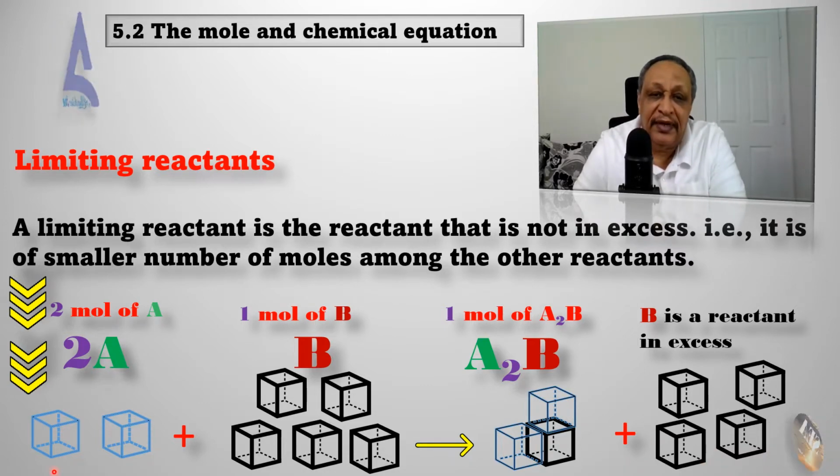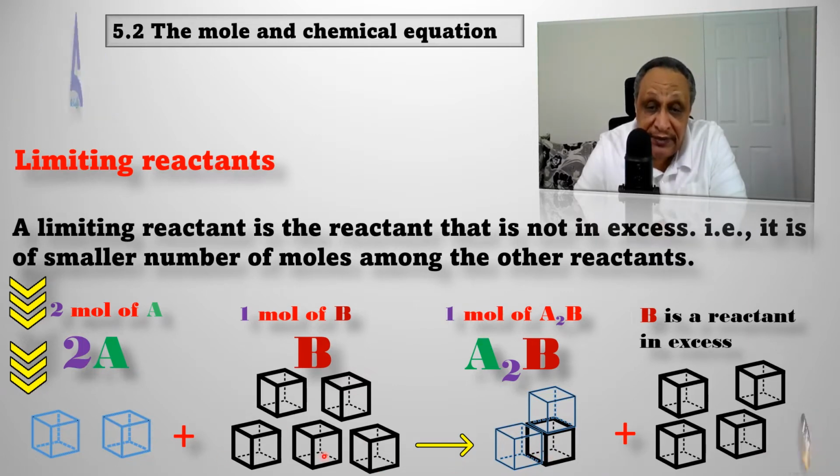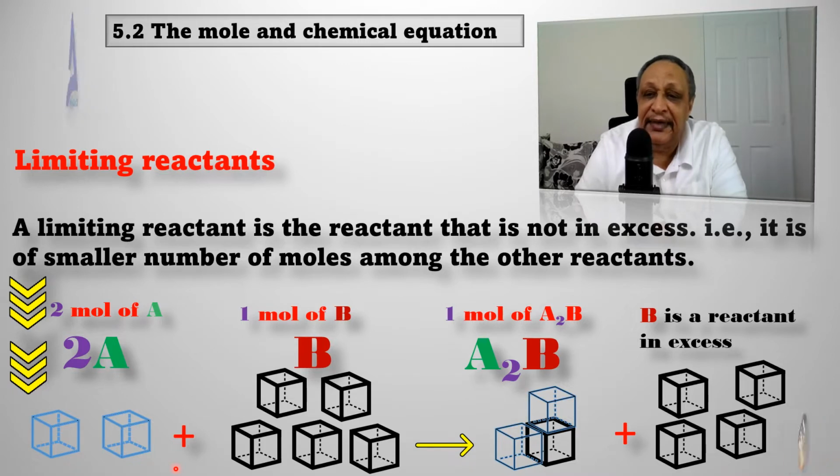Now, if the recipe could be formed with 2 units of these items, plus 1 unit of this item, there will not be any problem, because your recipe is going to be made by using 1 of this item, though this item has more units, and those 2 items which are here, and you are going to make your recipe, which is A2B, and then the remainder of the B is going to be here. Till now, there is no problem.